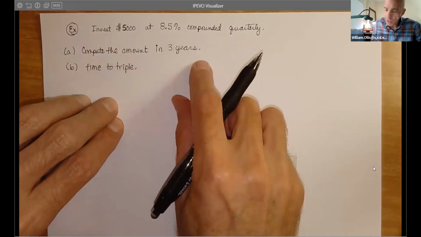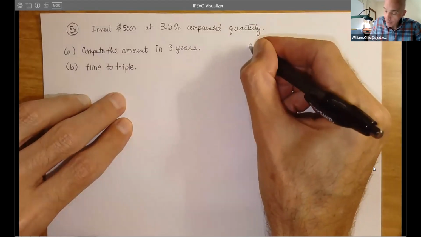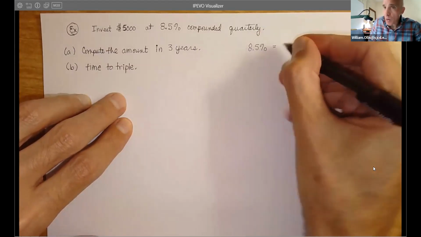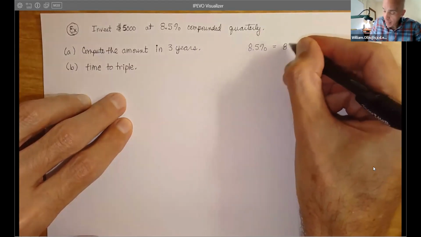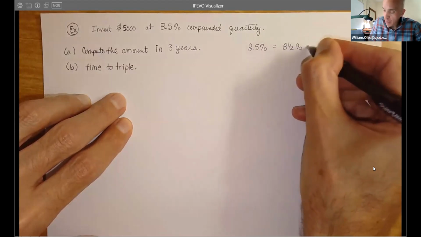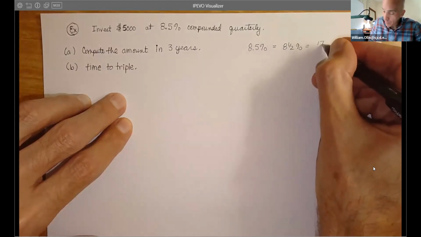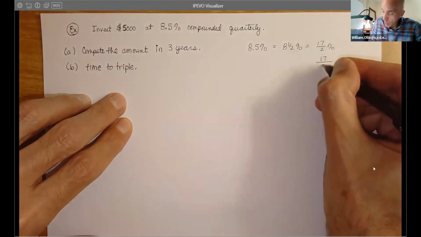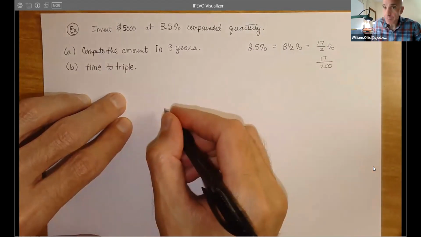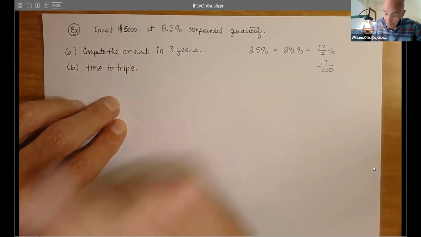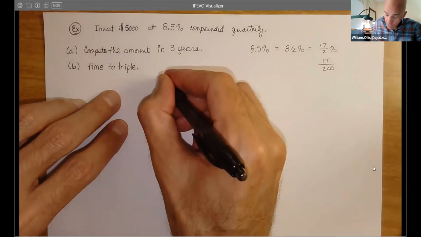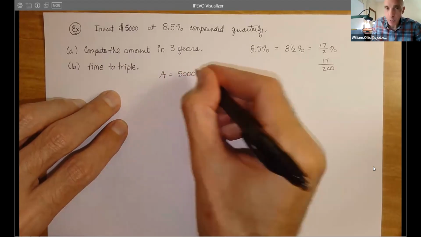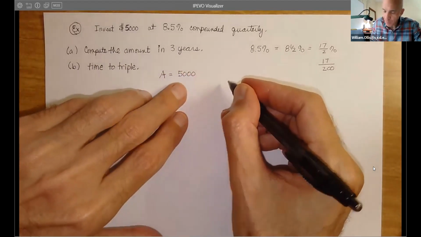But let's go ahead and do this problem. Now, 8.5%, so we want exact and then ready for approximation. So this will be 8.5%. So what, 17/2%, or 17/200 as a number, divide by 100. So now amount will be 5,000, and we want a nice number, or at least an exact number, for the exponential part.